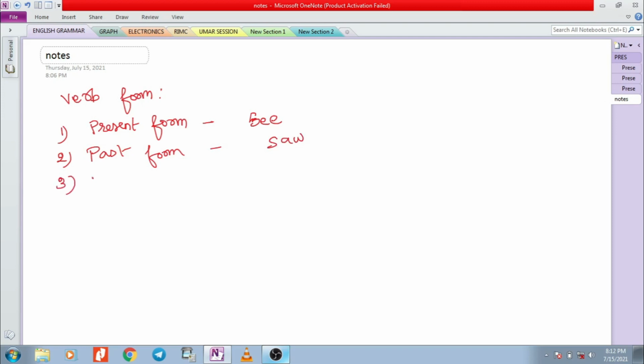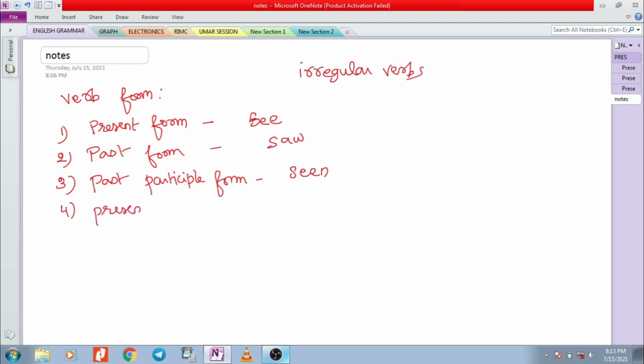In the past participle form, it is seen. These are the three different verb forms. We also have present participle form seeing.